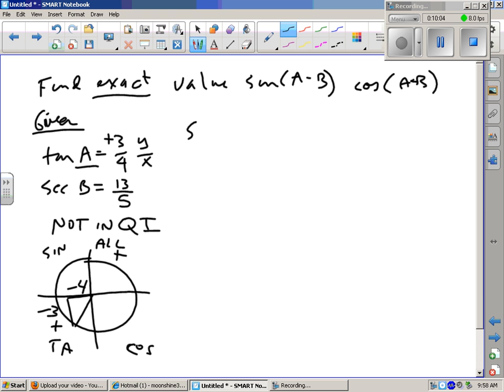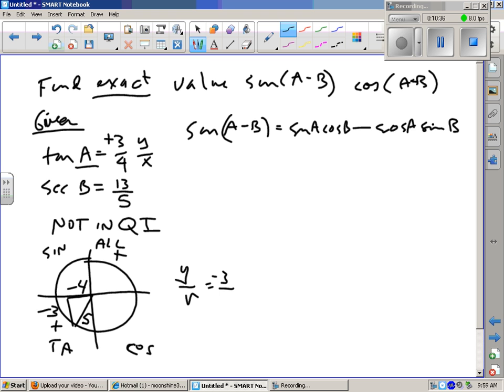Now, sine of a minus b. Let's write the formula down because that's what we're trying to find. Sine has the same sign, so different words: sine a cosine b, cosine a sine b. All right, so we need the sine of a. The sine of a is y over r. R in this case is 5 because it's a 3, 4, 5 triangle. So y is negative 3 and r is 5.